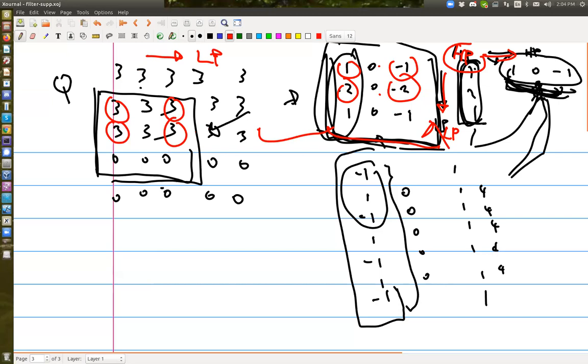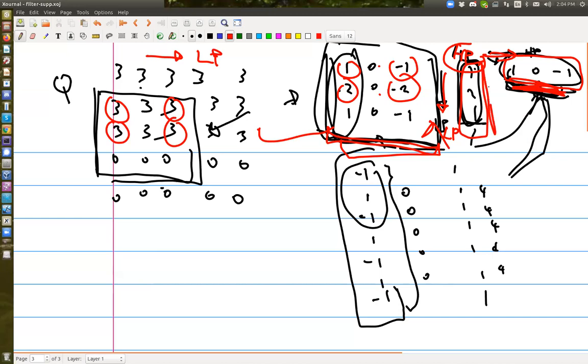But in summary, this thing as we discussed for the entire class here actually decomposes into 1 2 1 in this direction and 1 0 minus 1 in this direction. When you see something oscillating like this, it's basically a high pass.